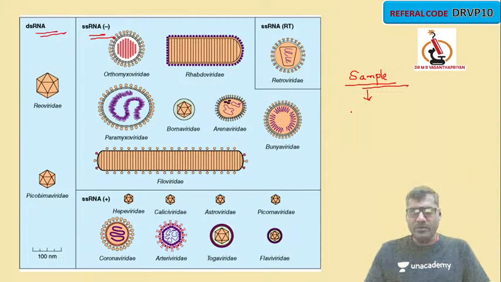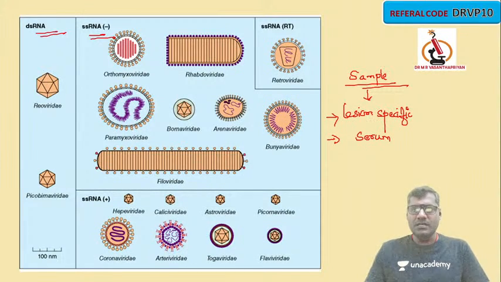Sometimes we collect lesion specific samples. The second one is the serum sample. Remember the point: the lesion specific sample and the serum sample. Now what is the difference between them?